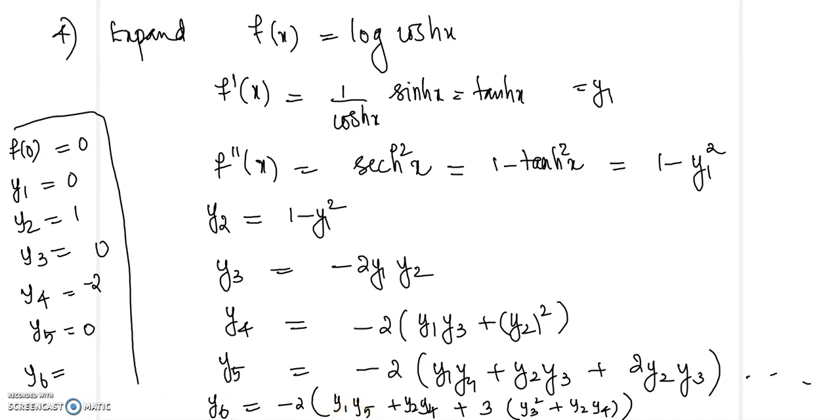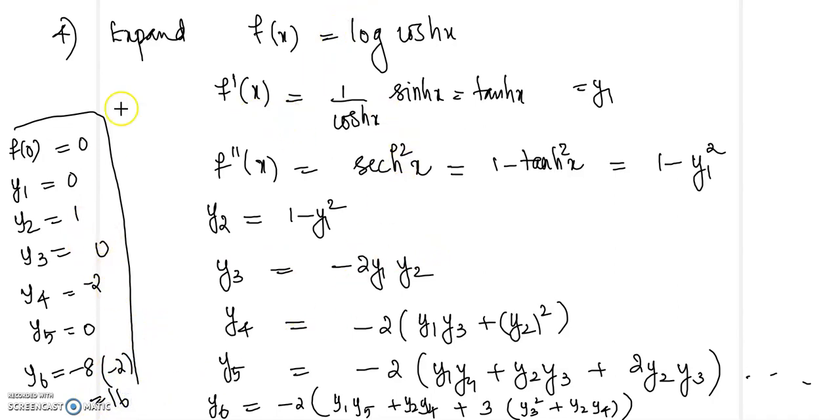The terms with y3 and y1 will be 0. So you will have 4 y2 y4, minus 2 into 4 y2 y4, that is minus 8 into y2 is 1, y4 is minus 2. So minus 8 into minus 2, so the value is going to be equal to 16.